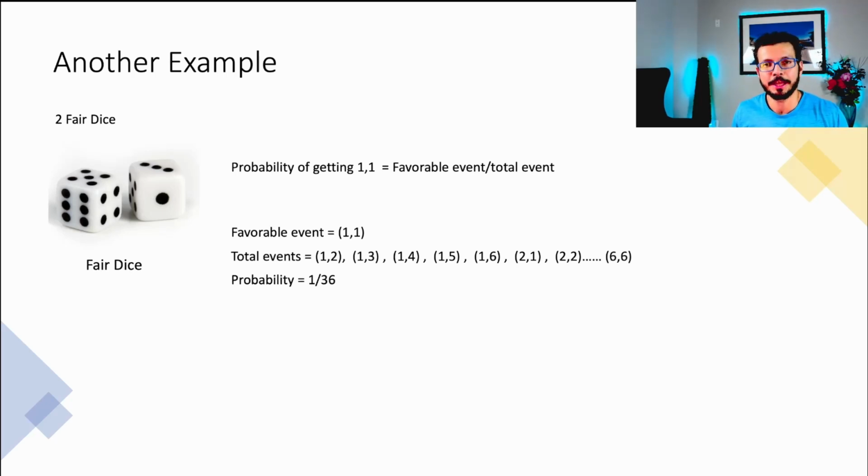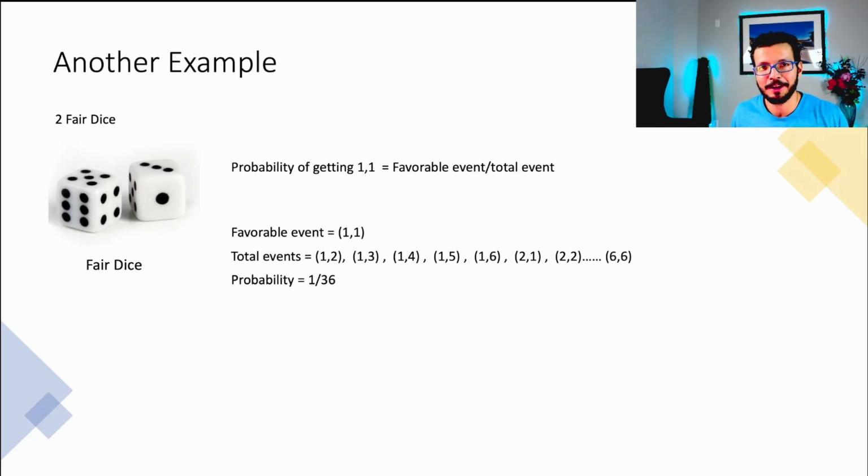Let's use the same fundamental that we just learned. The favorable event is 1, 1, which is just 1. And the total number of events will be 1, 1, 1, 2, 1, 3, and so on. So the total number of such events will be 36, which is 6 cross 6. So your probability will be 1 upon 36. And this is one of the ways that you could potentially calculate the probability for more complicated instances as well.